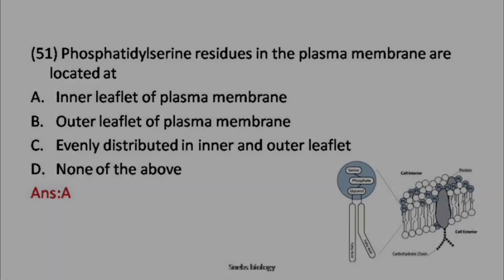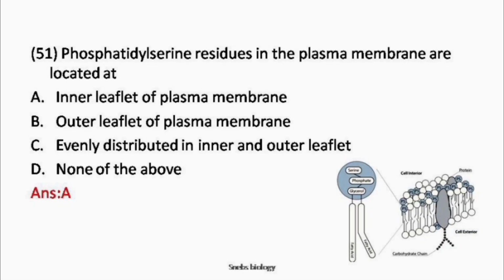Okay. Next, phosphatidylserine residues in the plasma membrane are located at option A, inner leaflet of plasma membrane, option B, outer leaflet of plasma membrane, option C, evenly distributed in inner and outer leaflet, option D, none of the above.